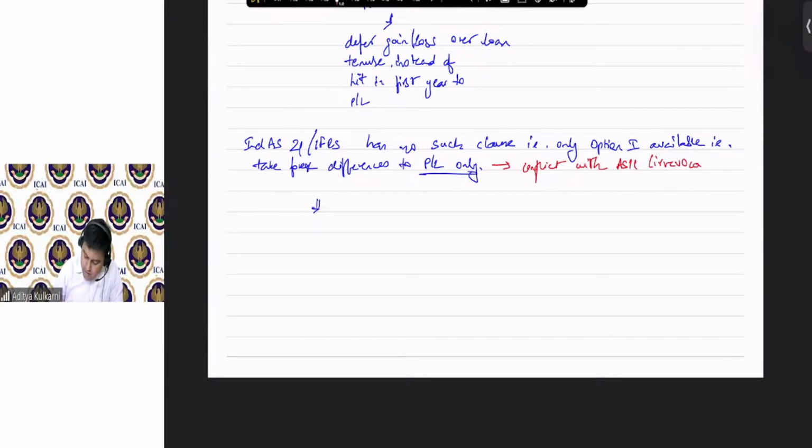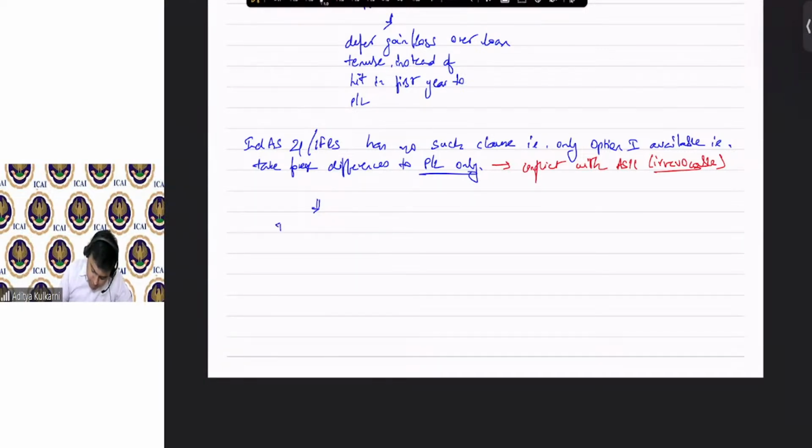The basic bone of contention is the irrevocable nature of the option. So now, in respect of this, we have a transition provision.